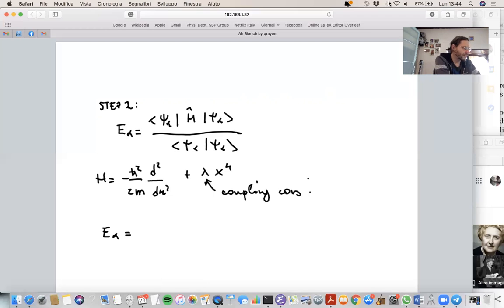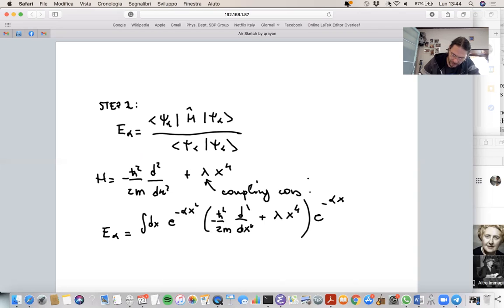So let me be very, very pedantic. Let's say this is dx. So it's going to be e to the minus alpha x squared. Then I have a negative h bar over 2m d by dx squared plus lambda x fourth, e to the negative alpha x squared, divided by d by dx e to the negative 2 alpha x squared.